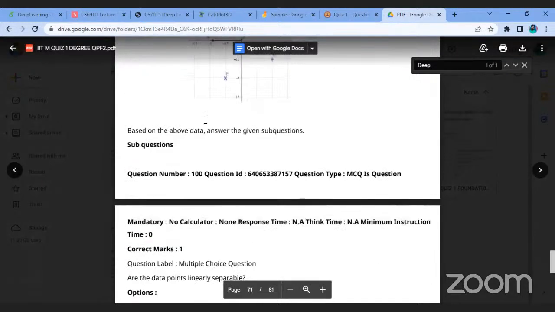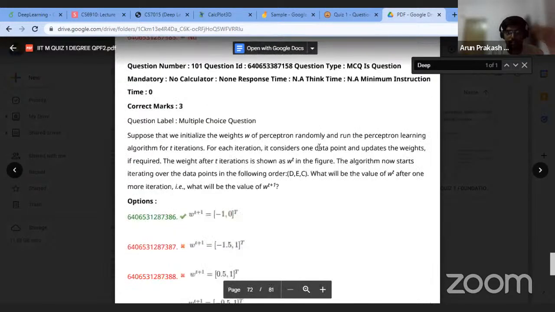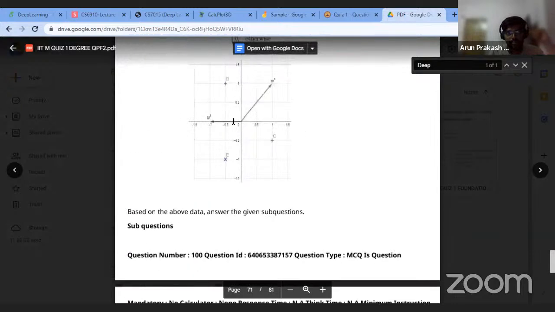D, E, C. This order is also important, and you have to keep track of it. Now it is here, so the next data point is D, then E, then C. What will be the value of WT after one more iteration? That means we are asking what WT plus 1 is. You take this weight vector, take the data point, and check whether it classifies the data point correctly or misclassifies it.